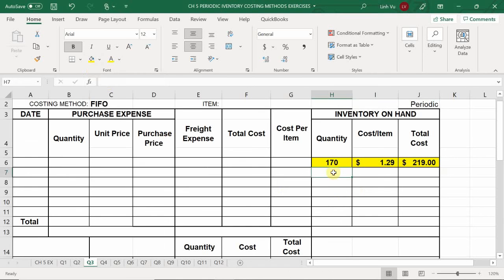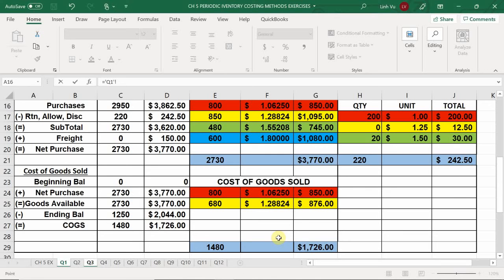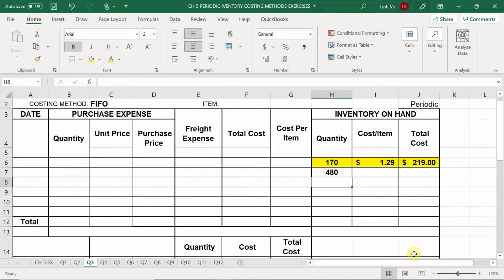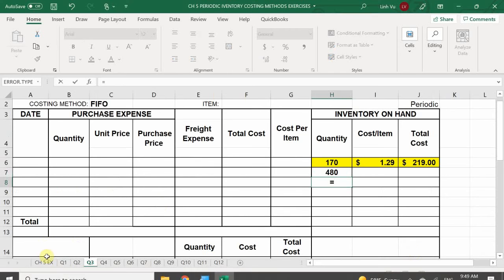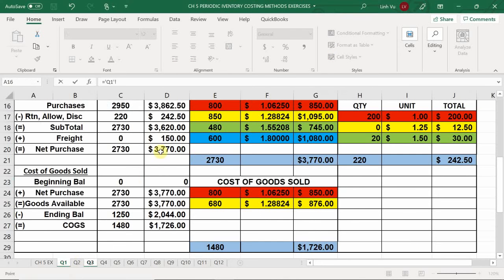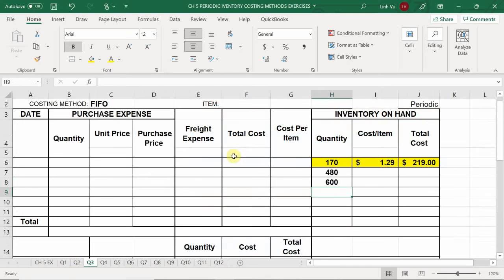But we also have to carry our information over from my green batch of inventory as well as my blue batch of inventory, because those ones were not touched.